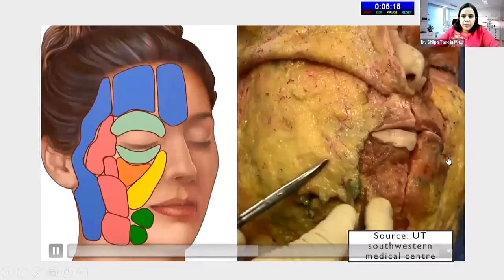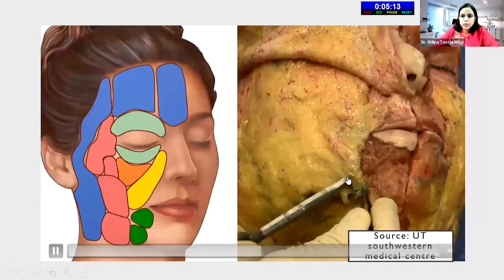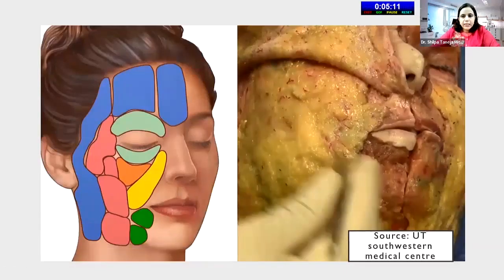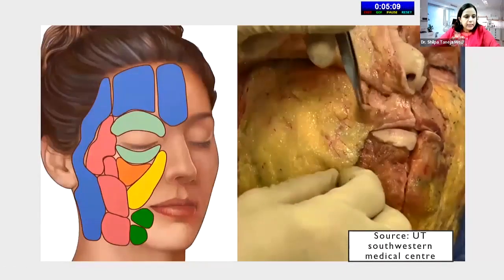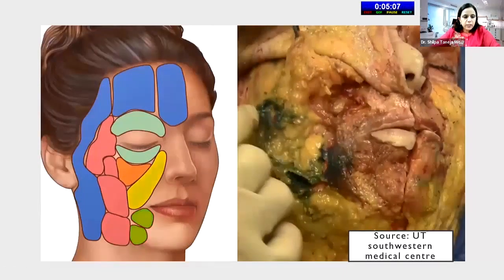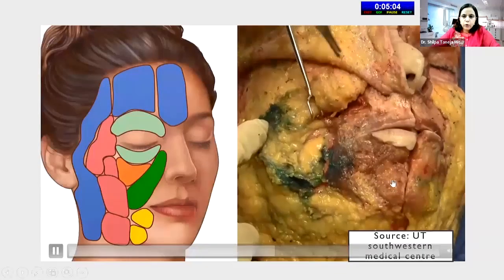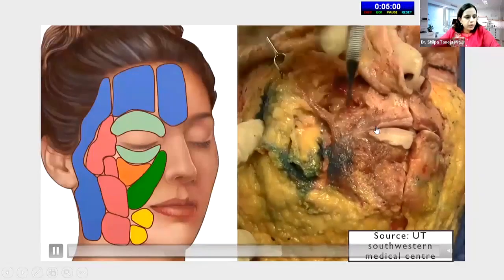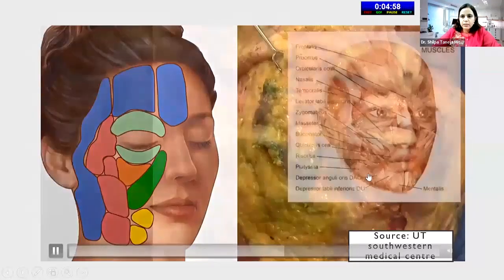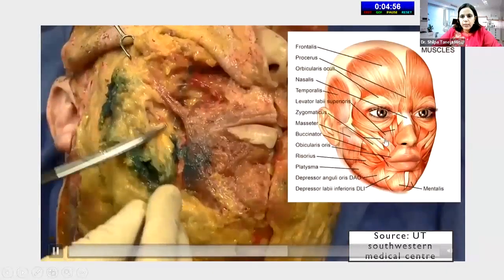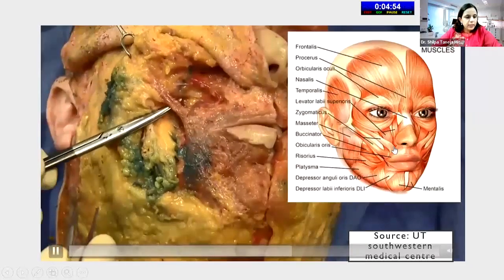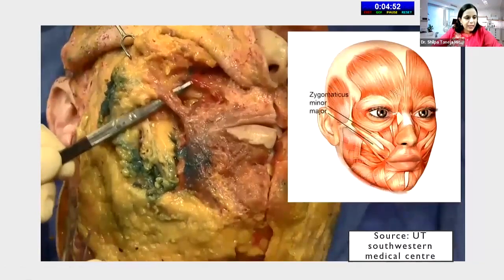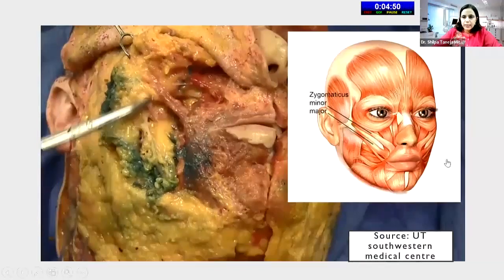Coming to the perioral area, which is the next most important area in the midface, deep to the superficial medial fat compartment lie four major mimetic muscles around the perioral area: the zygomaticus major, the zygomaticus minor, levator anguli oris, and the depressor anguli oris.